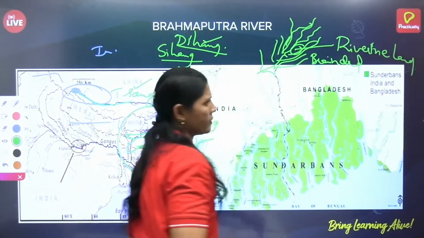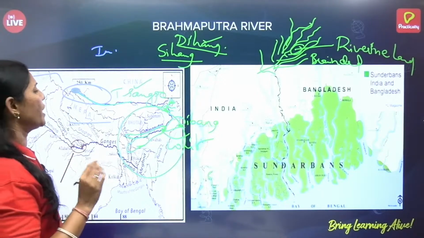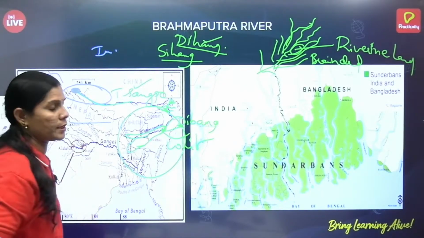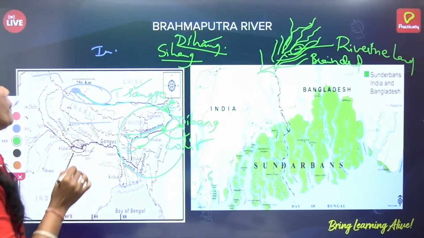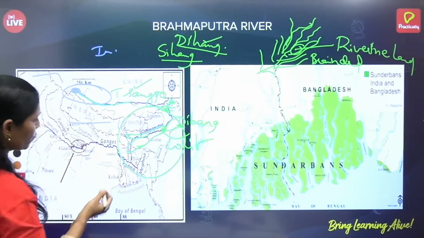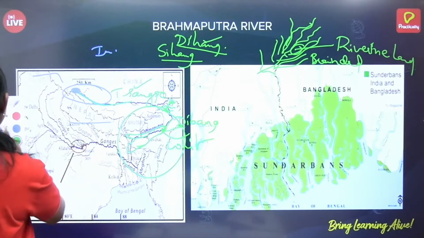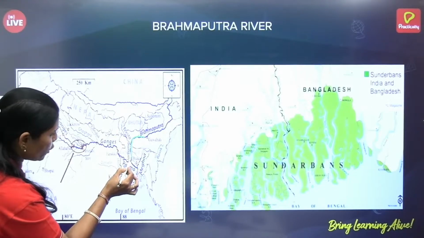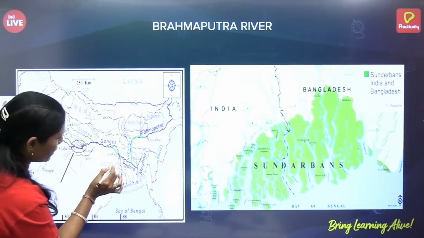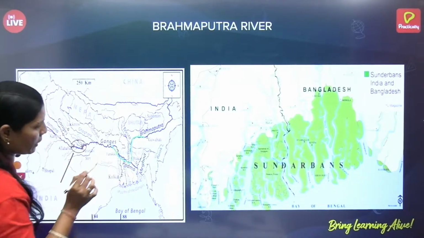These are also called riverine islands, mostly seen in the Assam region. Brahmaputra enters Bangladesh and, you can see, joins with the Ganga stream, which is called Padma.